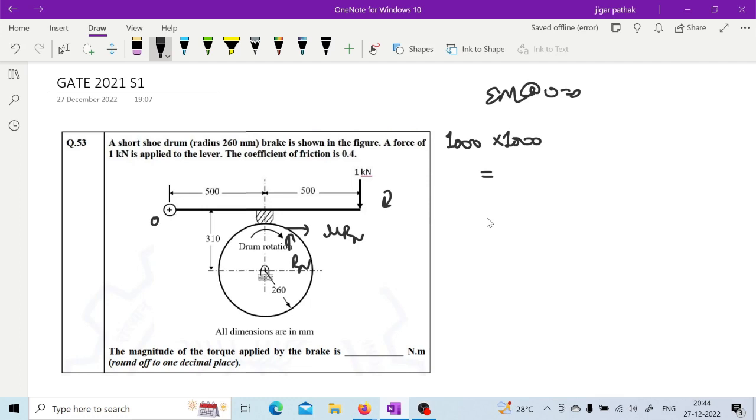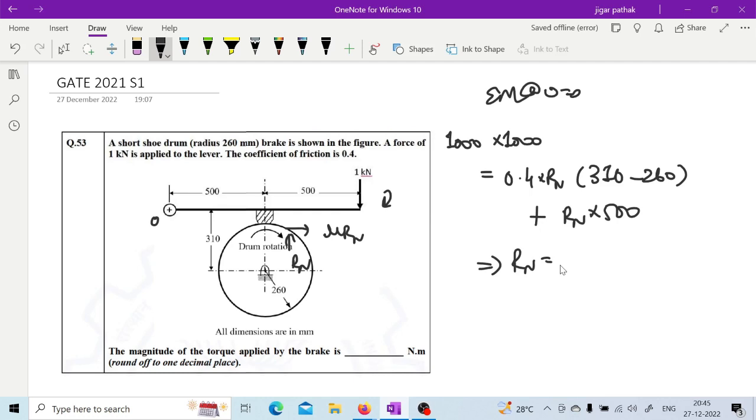Mu is given as 0.4, so mu is 0.4 Rn into this distance. It is not given directly, but it is given as this radius and this 310, so this distance is 310 minus 260, correct? So this 310 minus 260 plus this Rn into 500. If you solve this, you will find Rn, correct?